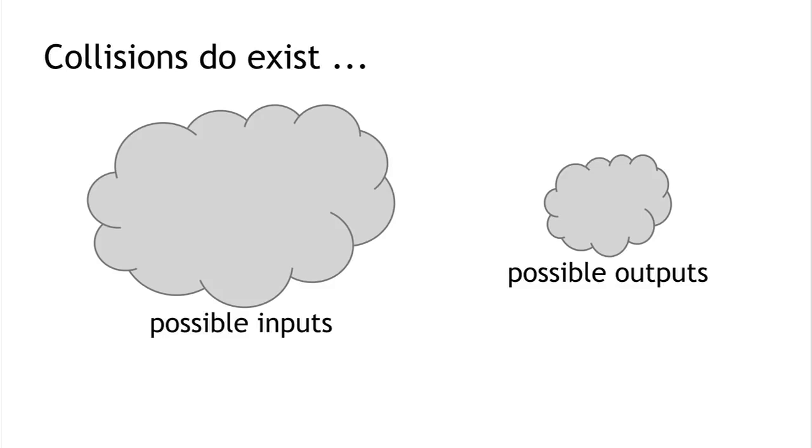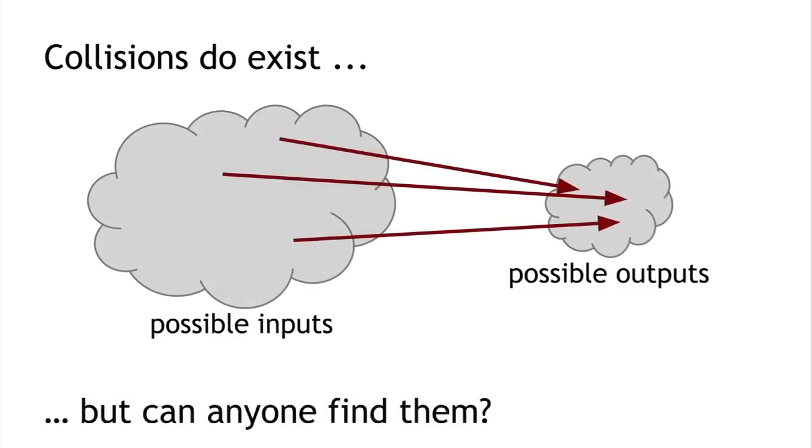And so if you think that every point over here on the left is going to be mapped by an arrow to some point on the right, you can see that as you go from all the points over here on the left into the right, it has to get crowded, and in fact, that there have to be multiple values over here on the left that map to the same output over here. In fact, in general, there will be a very large number of possible inputs that map to any particular output. So collisions do exist. I said before, nobody can find a collision, and that's the key question. We know collisions exist.